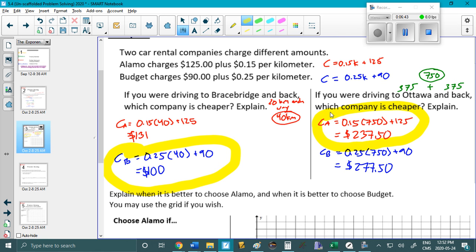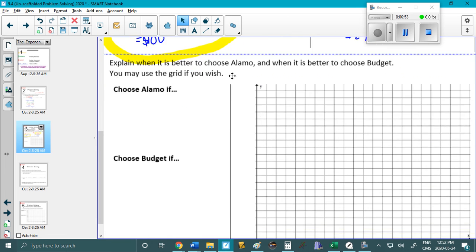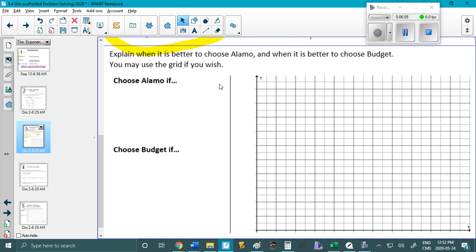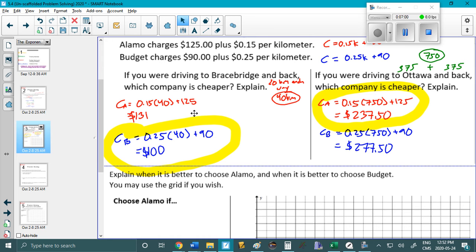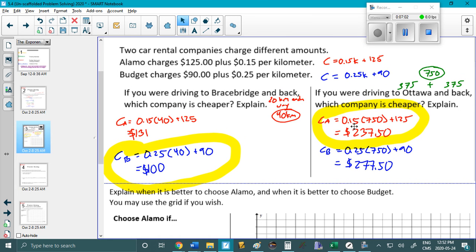So which company is best? Well, obviously it depends on how far you're going. Okay, so explain when it is better to use Alamo and when it is better to choose Budget. So what you could say: choose Alamo if you're going far and Budget if you're not.